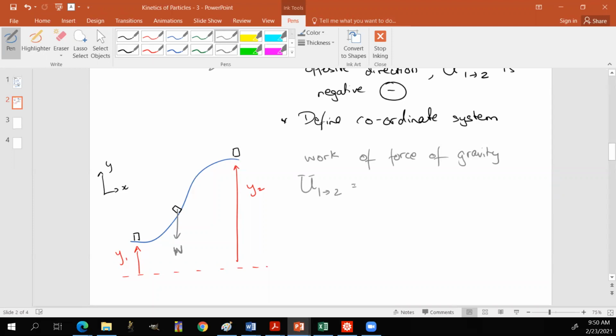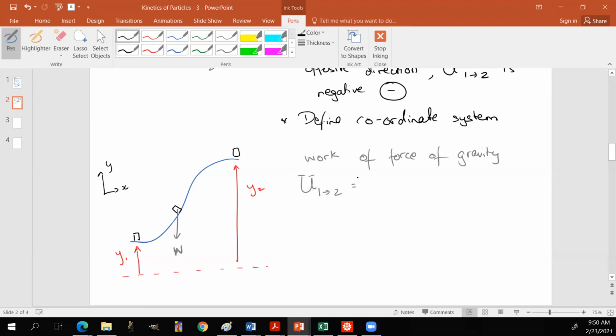Is the work done going to be positive or negative? The work by the force of gravity? It'll be negative, right? Because your displacement is in the opposite direction to which your force is acting.